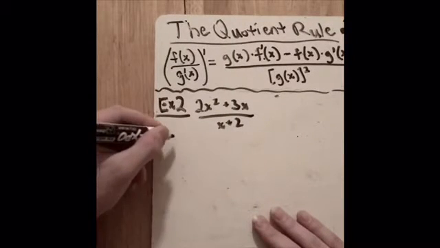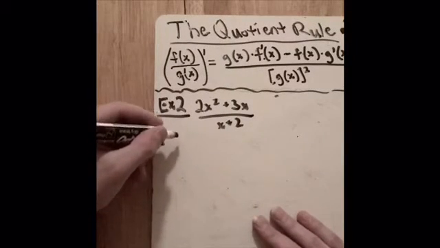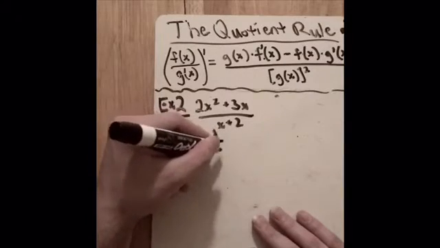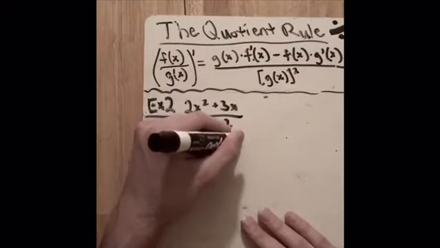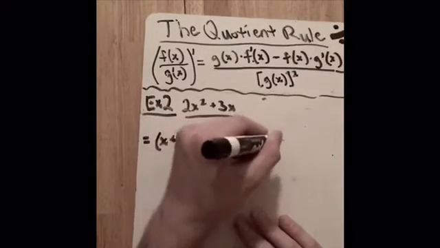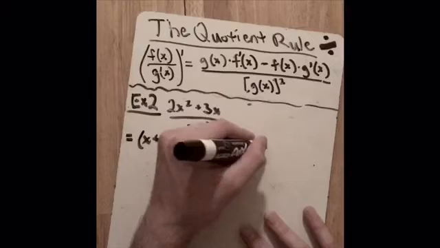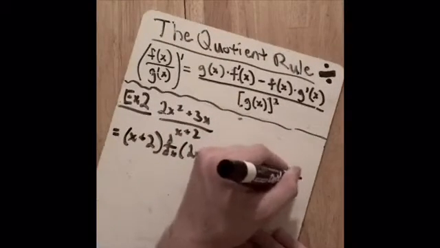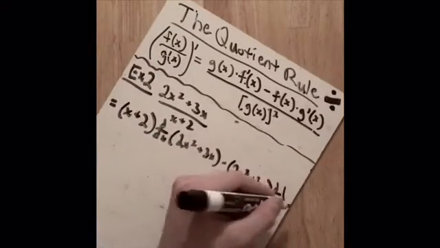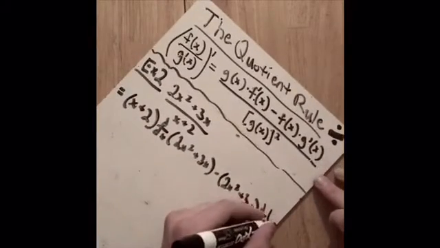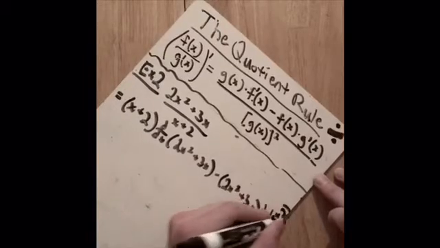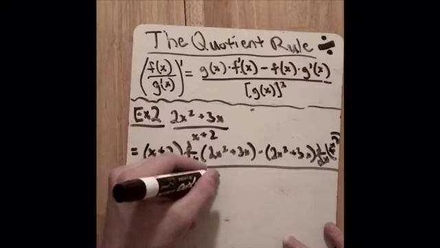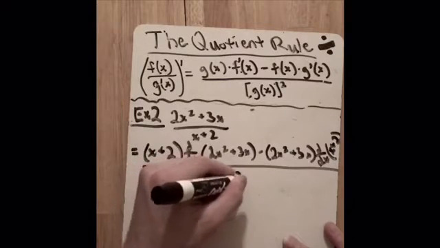So we are going to take the derivative by using the quotient rule, and we get the low d high minus high d low, where low is x plus 2, all over the square of low.